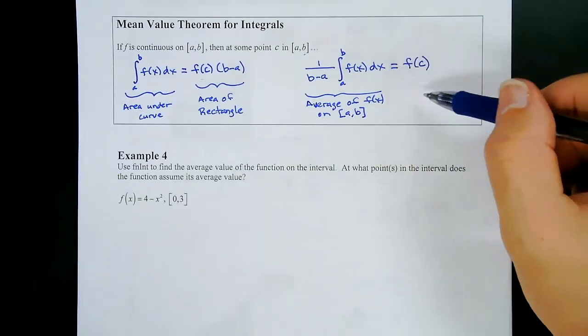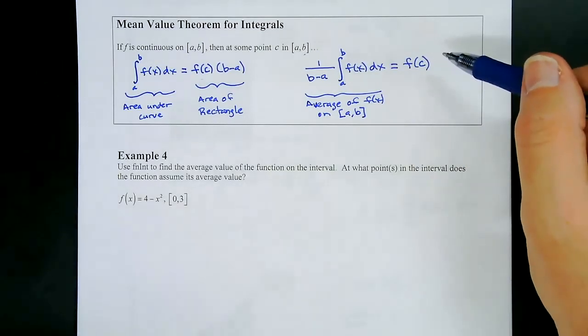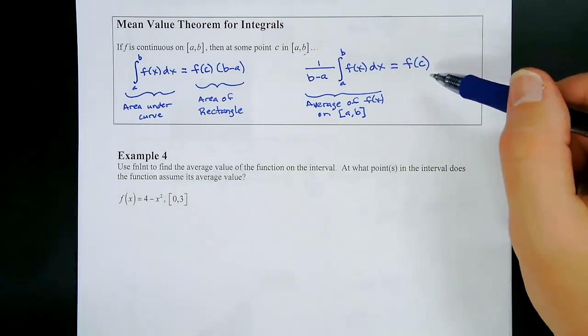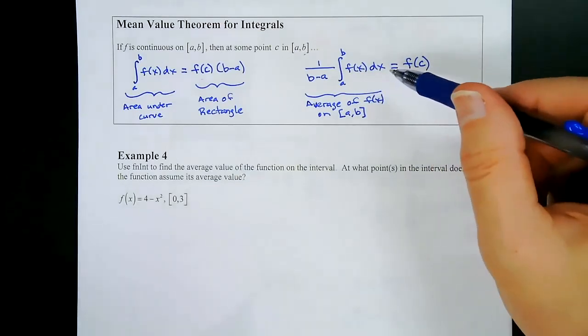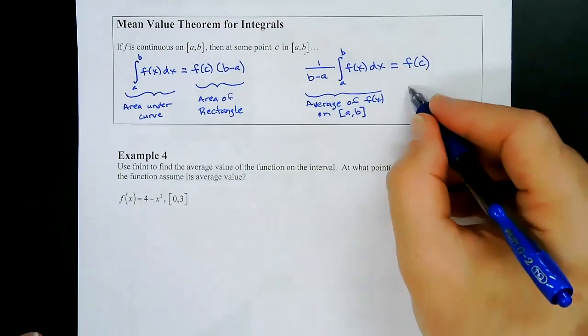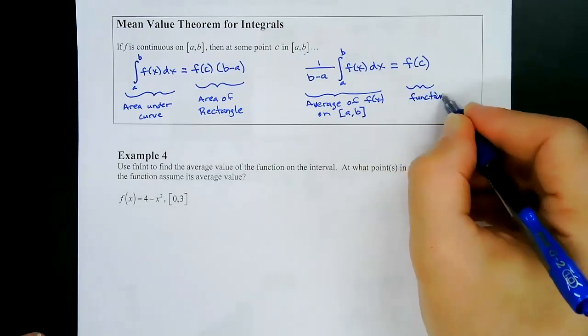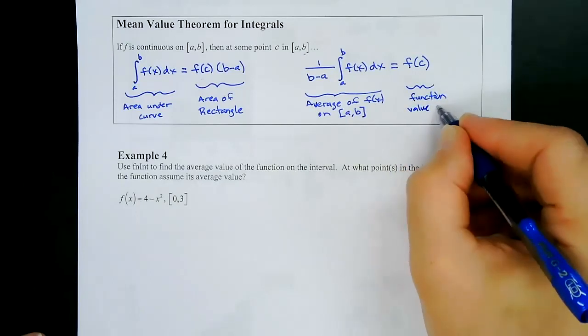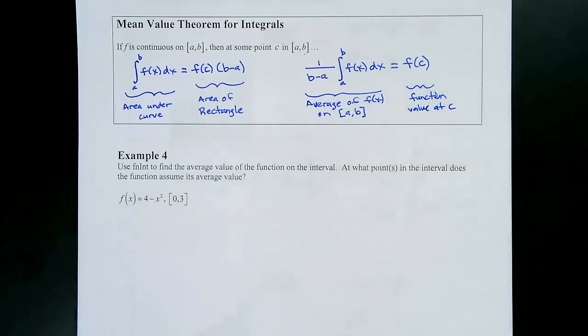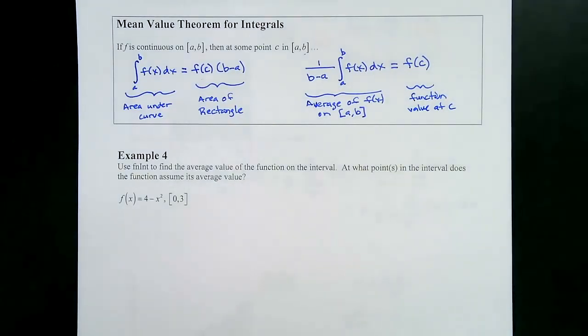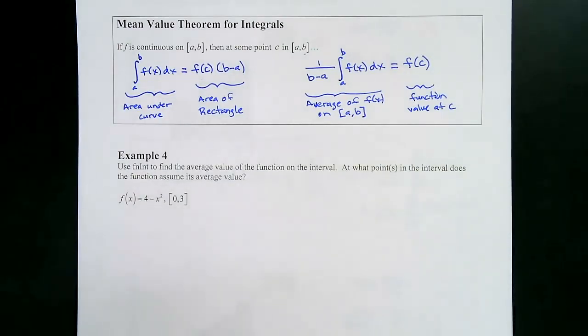So there has to be a function value that is exactly the same as the average value of the function. So this is the function value at c. So what this allows us to do is figure out where this happens. What is the x value that we can put into the function, and that is the identical number as the average value of the function.